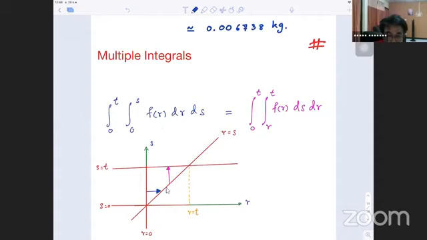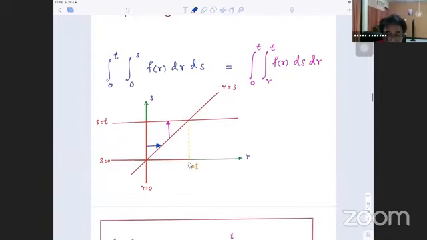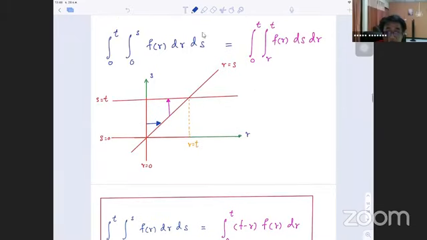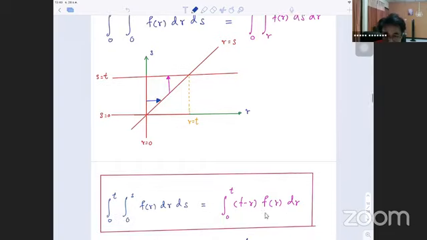This integral for this direction and this integral for this direction. From change of variable, the double integral can be written in this term, and this term can be formulated by this term.